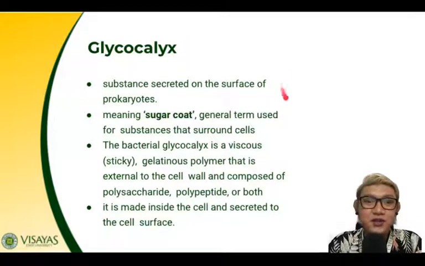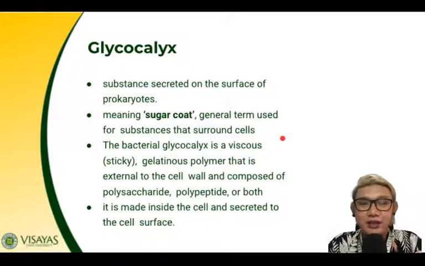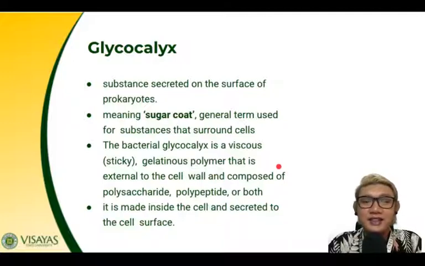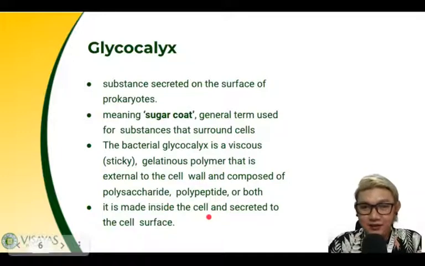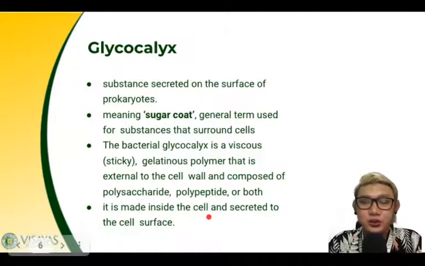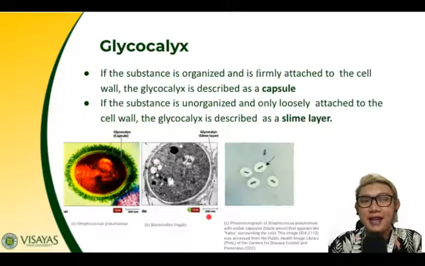This is a general term that is used for substances that surround cells. The bacterial glycocalyx is a viscous or sticky gelatinous polymer that is external to the cell wall and is composed of polysaccharide, polypeptide, or both. It is made inside the cell and is secreted to the surface of the cell.